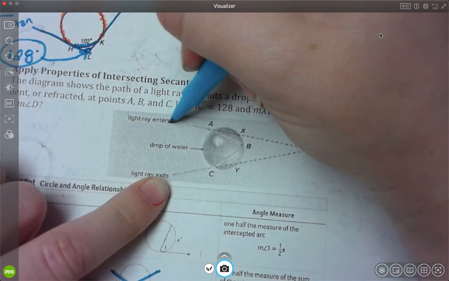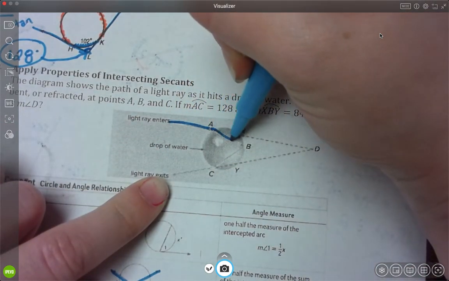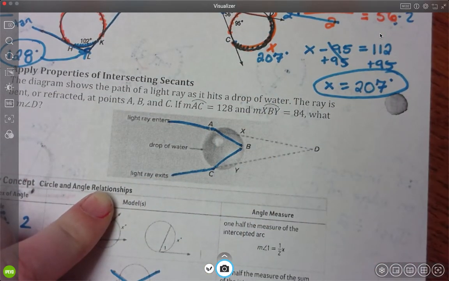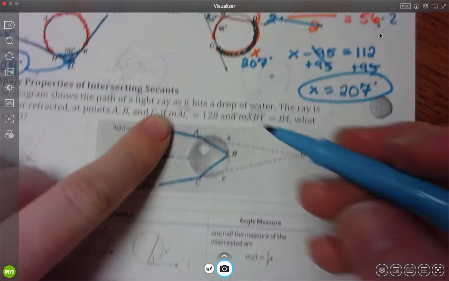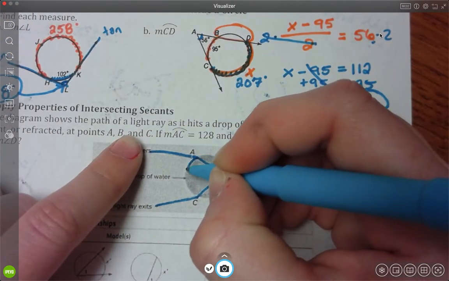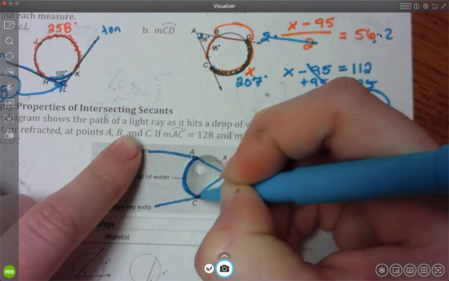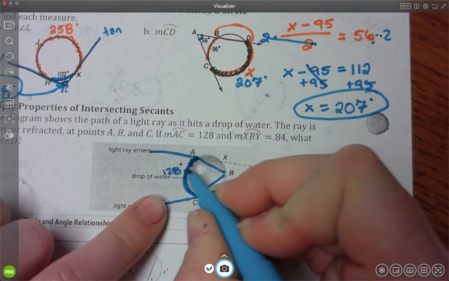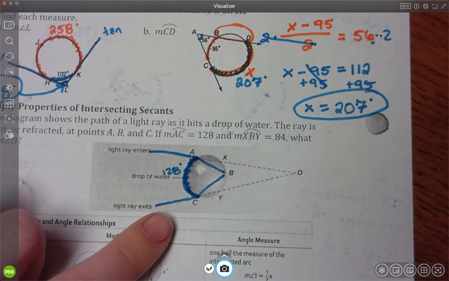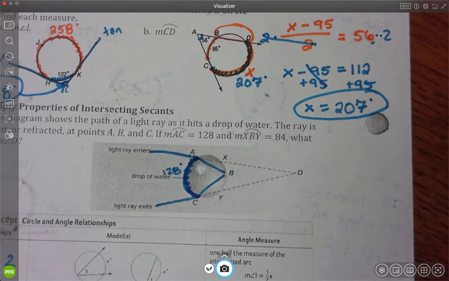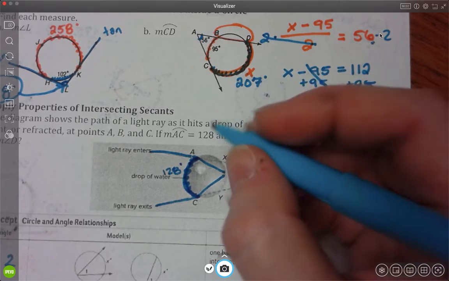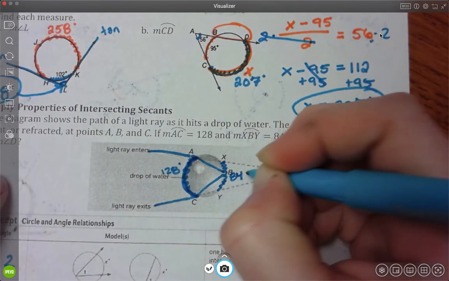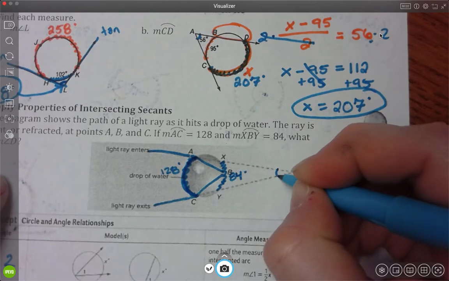As the light ray enters this way, it's bent right here and it touches at B. Okay, so what they say here is they have the measure of arc AC, so the distance basically between the light is 128 degrees. So this arc right here is 128, okay, from there to there, all right? And then they say the measure of XBY, which is this arc right here, is 84 degrees, okay? They want to know what angle D is, okay?